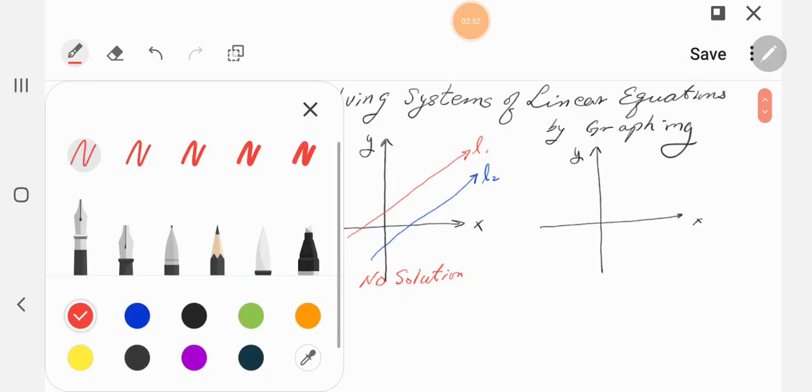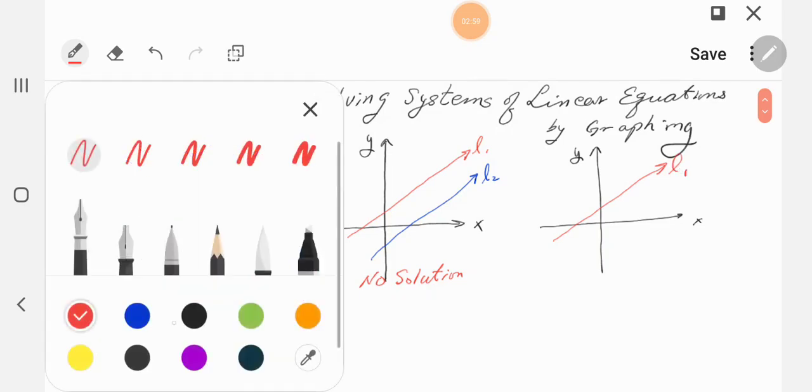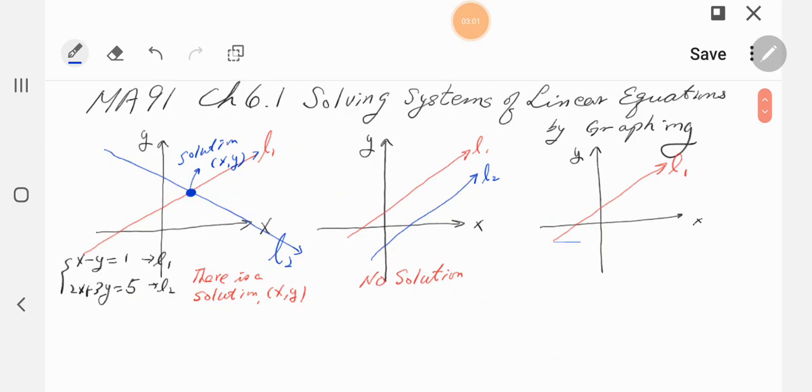How about this? What if here is line 1, and here's line 2, but line 1 and line 2 are exactly the same? Line 1 equals line 2. Then how many intersections are there?